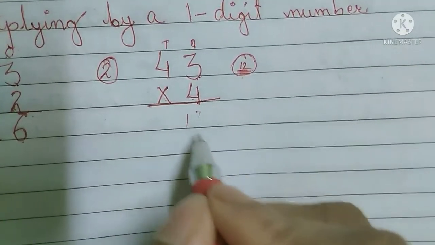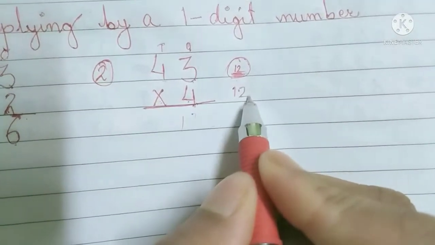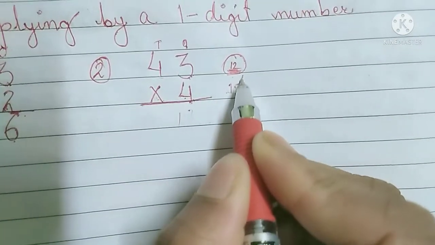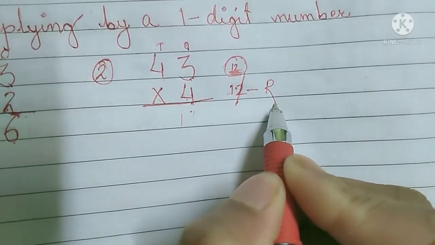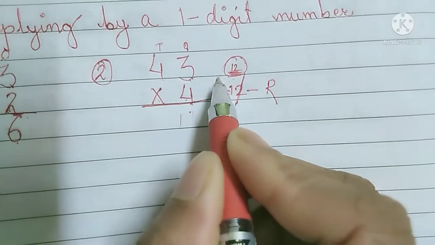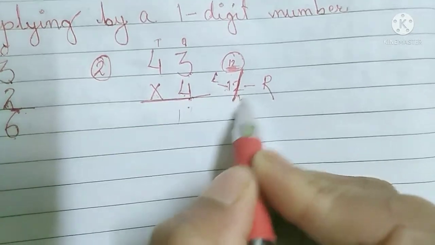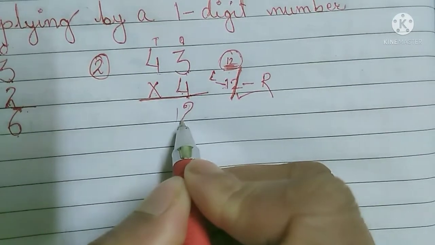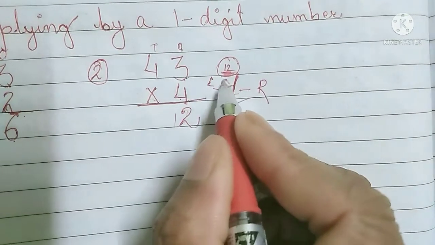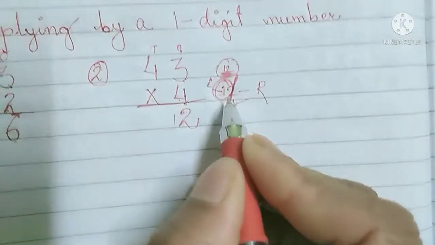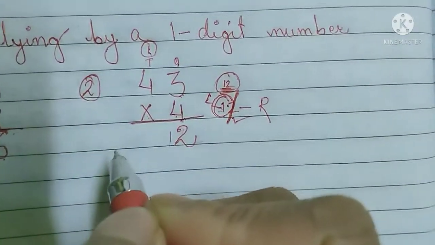It will be wrong if you write like that. 12 is a two digit number, so the number which is on the right side you always write just below, and the 1 on the left side you need to write on the top of the tens number.